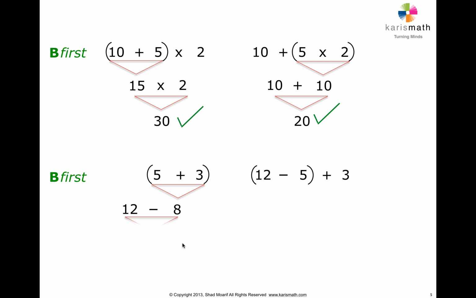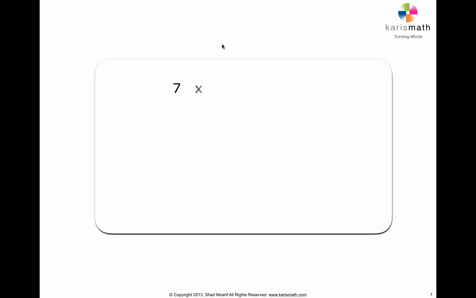So 12 minus 8 is 4. And what's the answer to the second one? Quick. Yes, you've done this first, right? So the answer is 10 for this one. So you get different answers because they're two different sums. If you go back and look at these original questions, that's what they were. See? This and this. They're different.